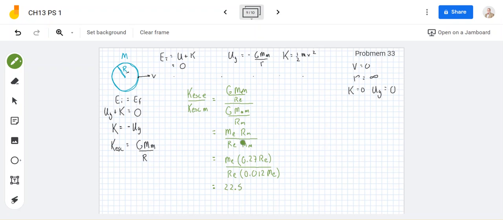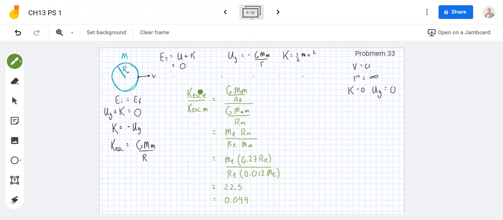So that means the escape energy from the Earth is 22.5 times higher than the escape energy from the Moon. Or if I flip that over, it'll be 0.044. So that means the escape energy from the Moon is 0.044 times the escape energy from the Earth.